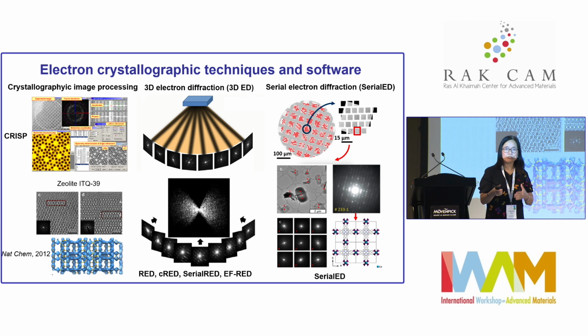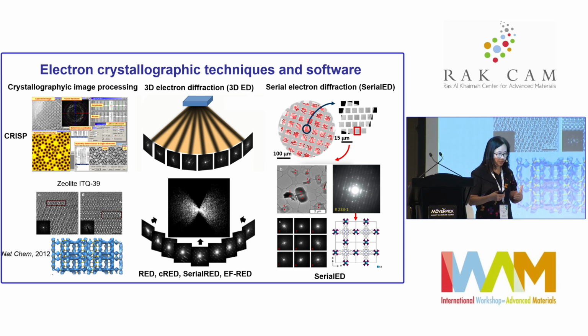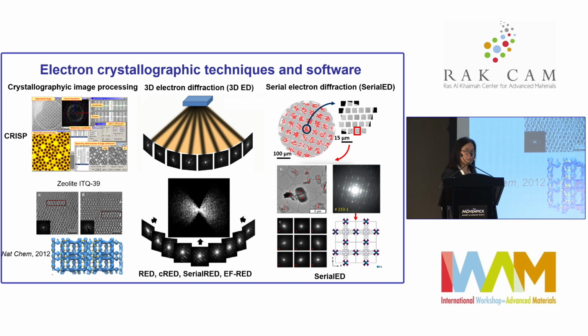When you have images, you get both the structure factor amplitude and phase information, so you can directly get the structure. This has been quite useful for studying materials, specifically those with very small defects. For example, from a very small area you can obtain the amplitudes and phases from the image and combine them to get the 3D structure.